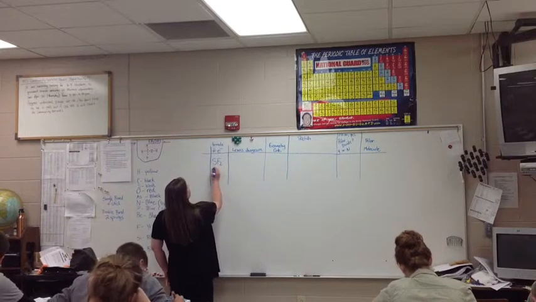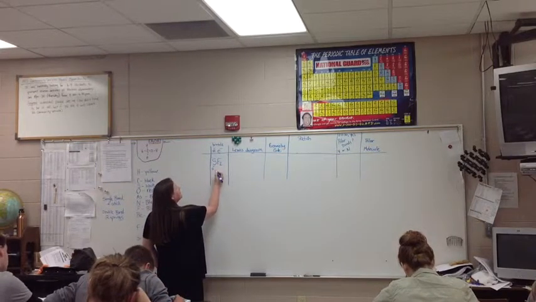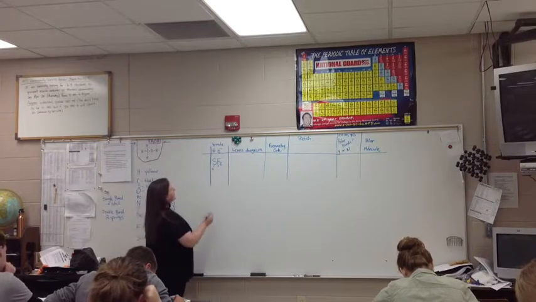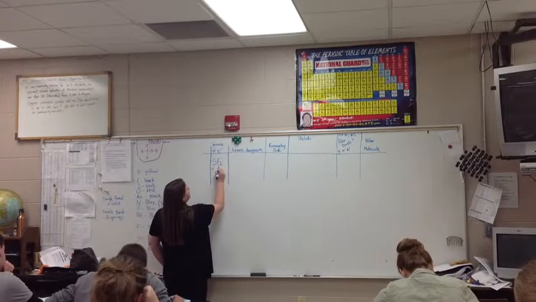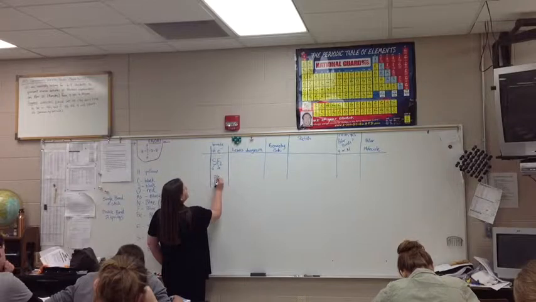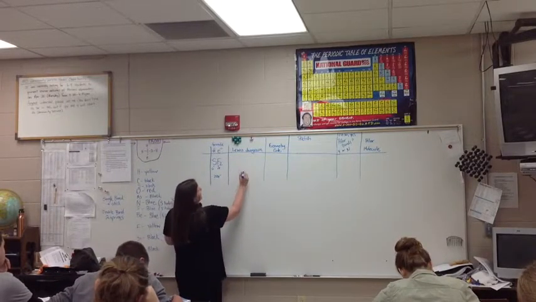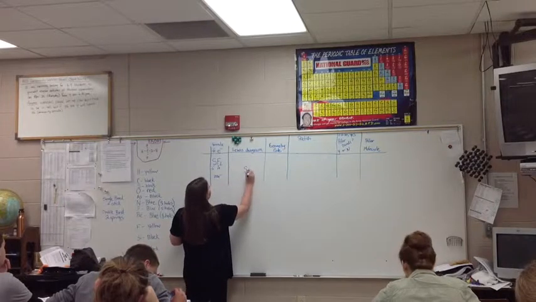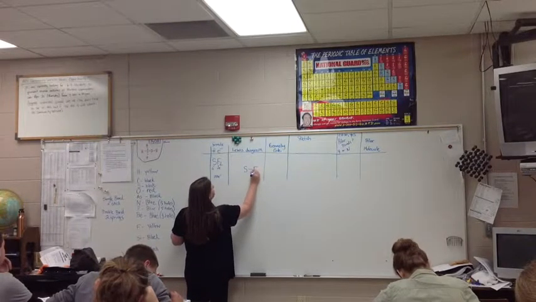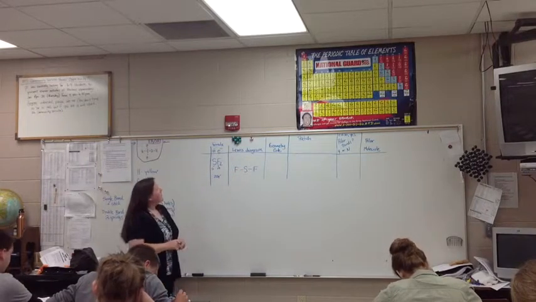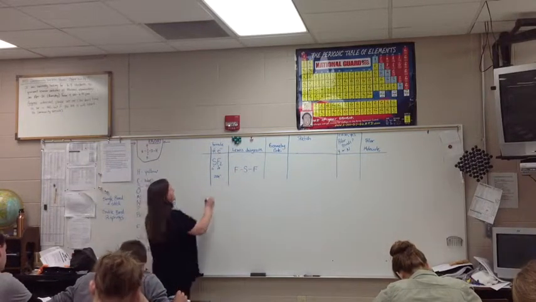The number of valence electrons. The sulfur has 6, it's in group 16. The fluorine has 7, but there are 2 of them, so we're looking at a total of 20 electrons. With the Lewis diagram, I put the central atom in, and I attach the other atoms with single covalent bonds.